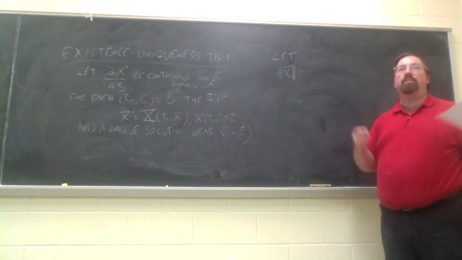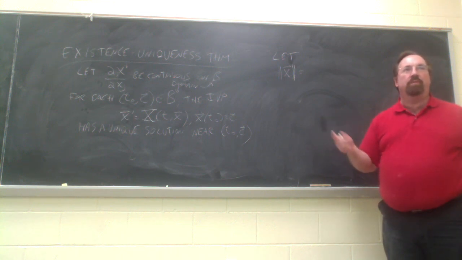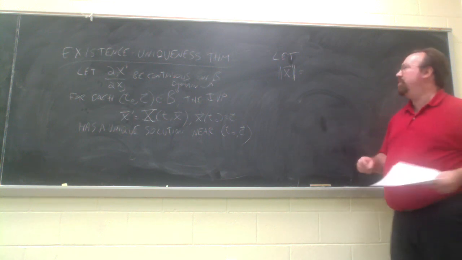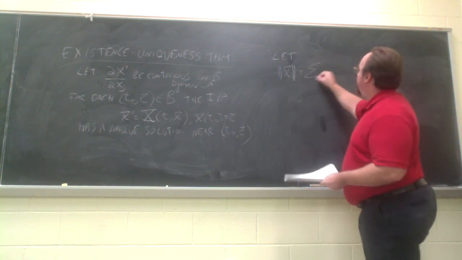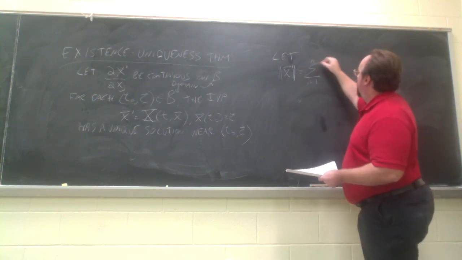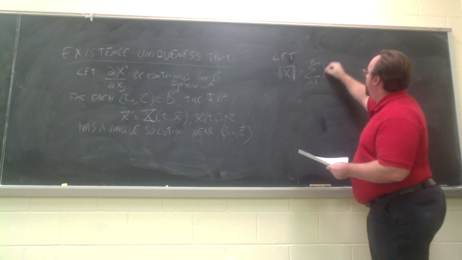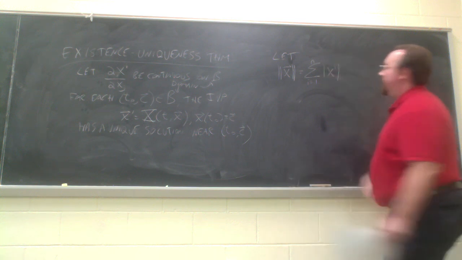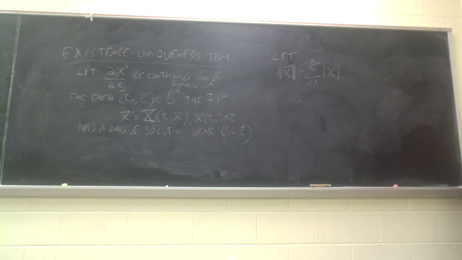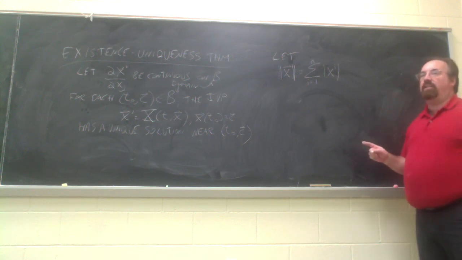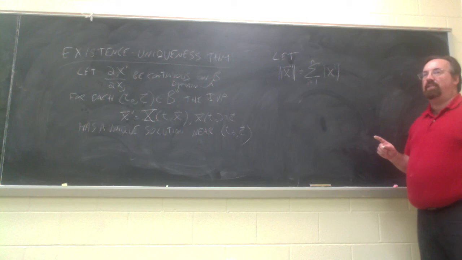Because normally you think of the magnitude of a vector as summing up the squares and taking the square root, like Euclidean length. We could do that here, but it's easier for us to use this definition, where we just take the sum of the absolute values of the components. Now, those of you with enough numerical analysis background might recognize this, and anyone who took 610 recently, hint, hint.